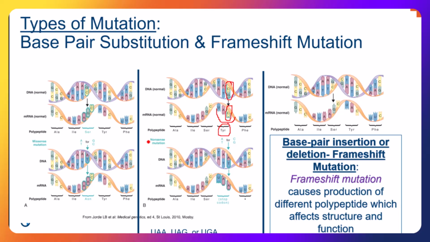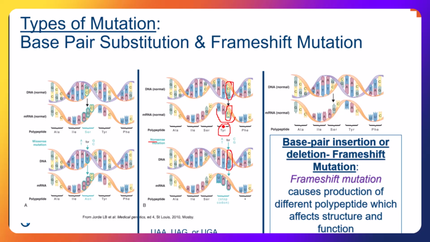With a nonsense mutation, we're going to do the same sort of substitution that we talked about here, where adenine and thymine are substituted into where cytosine and guanine were. So with this mutation, we're kicking out CG and instead inputting AT.